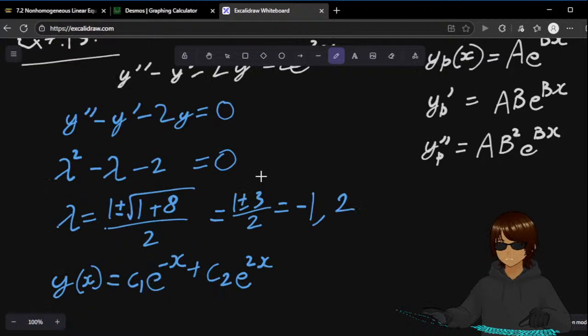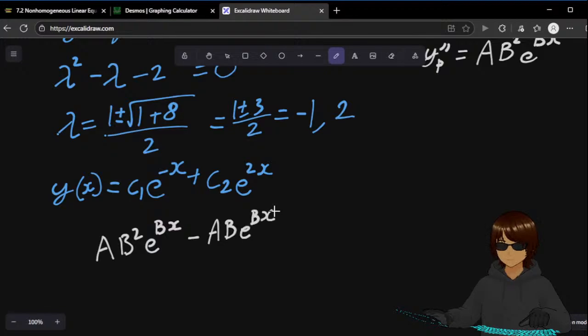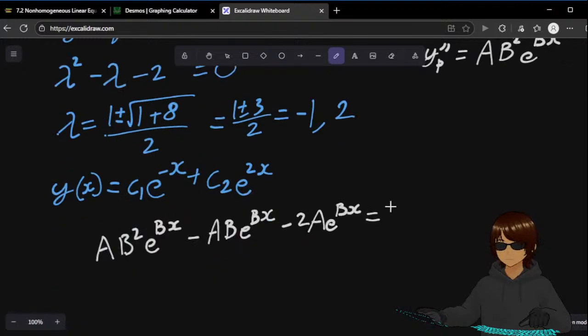So putting this here, we have a b squared e to the power of bx, minus a b e to the power of bx, minus 2 times a e to the power of bx, and this is equal to 2 times e to the power of 3x.